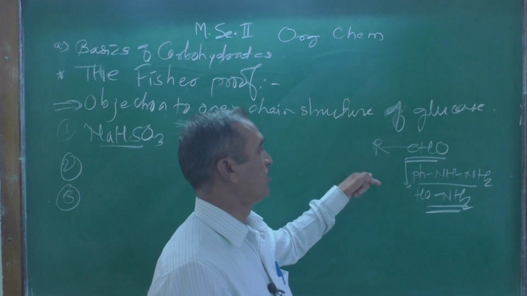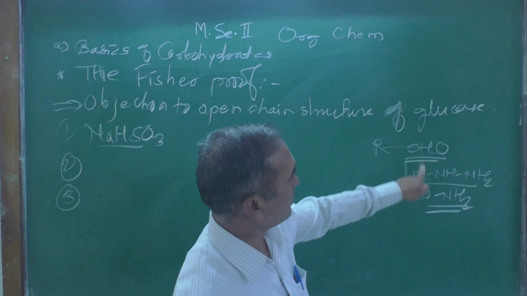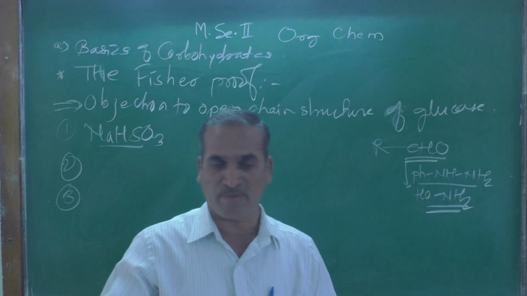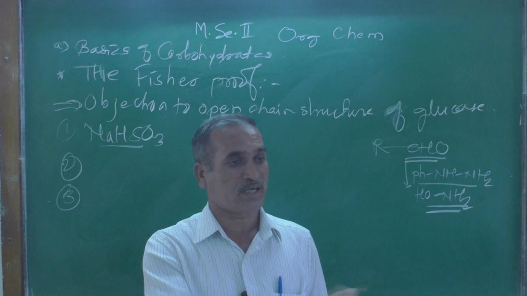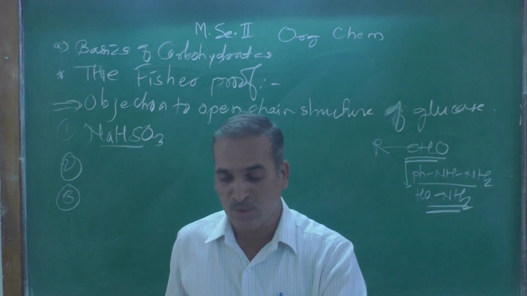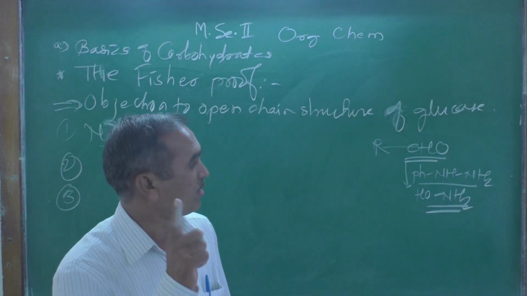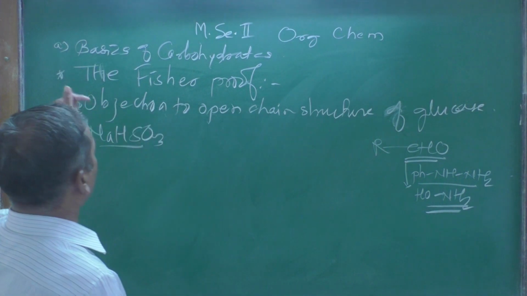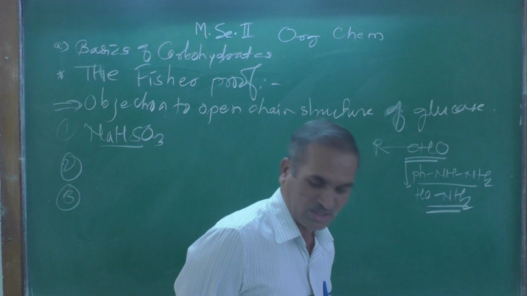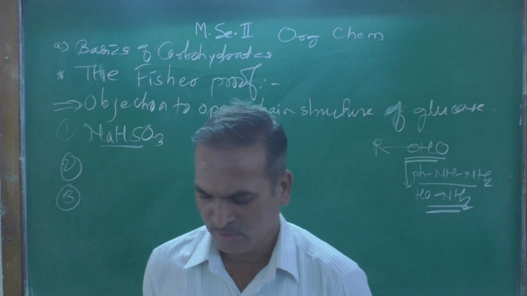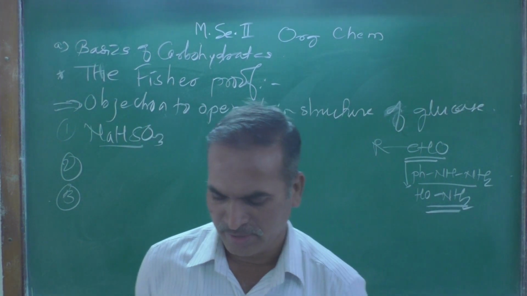When hydroxylamine is treated with an aldehyde, it forms an oxime derivative, but it does not react with penta-acetyl glucose, and therefore it is an objection to the open chain structure of glucose. This is the third objection recorded.